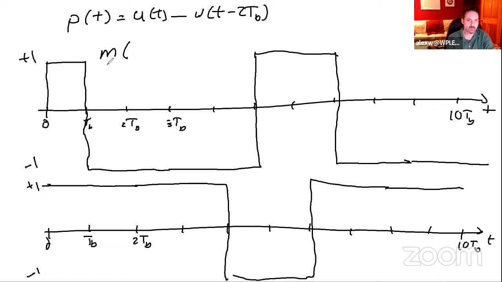So let's say n is equal to 0, see, this is Wyglinski thinking on the fly here. Shucks.